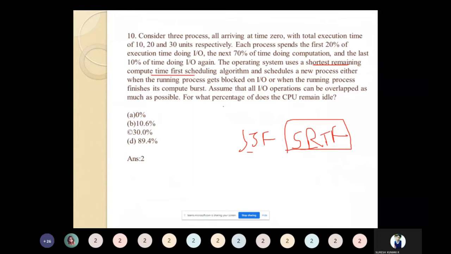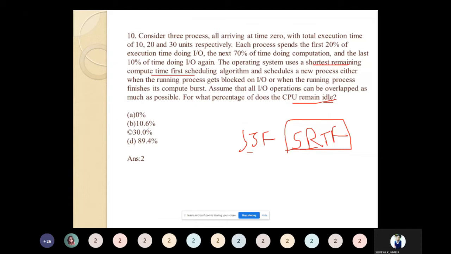Here we're going to calculate the CPU idle time. What is meant by idle time? Idle means the CPU does not do anything, it just waits or halts. That percentage we need to calculate from this question.